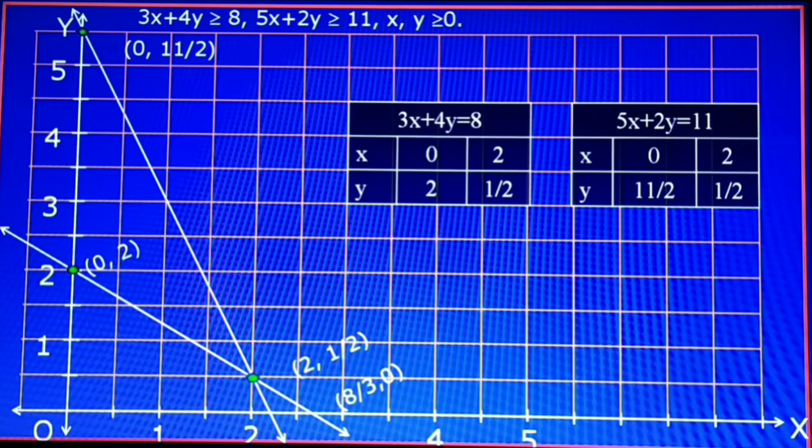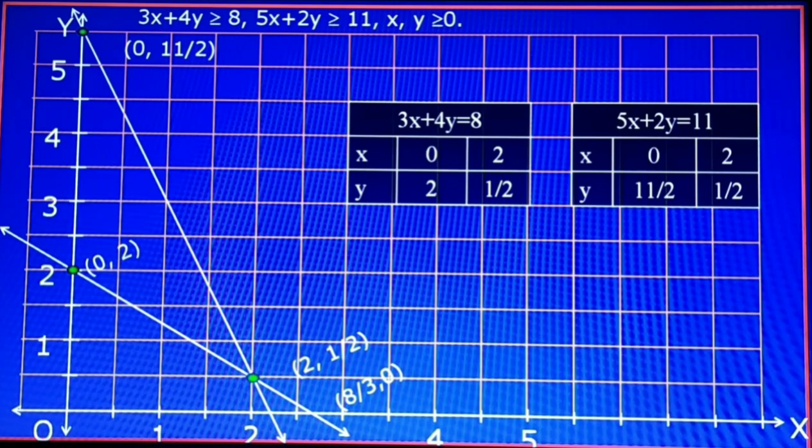Consider x is equal to 0 and y is equal to 0. They are coordinates of origin. When x is equal to 0 and y is equal to 0, inequality 3x plus 4y greater than or equal to 8 implies 0 is greater than or equal to 8, false.